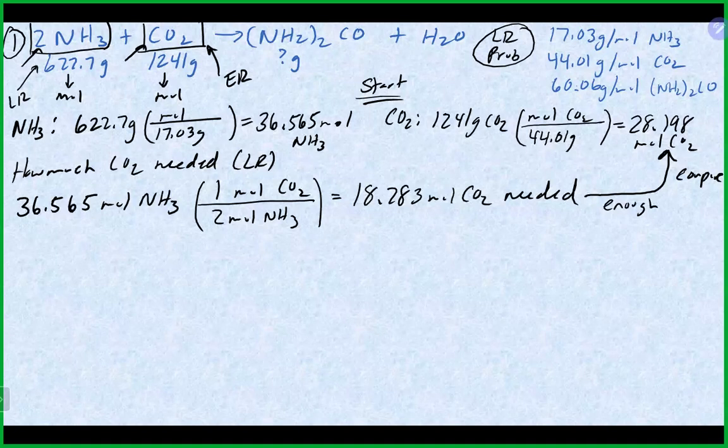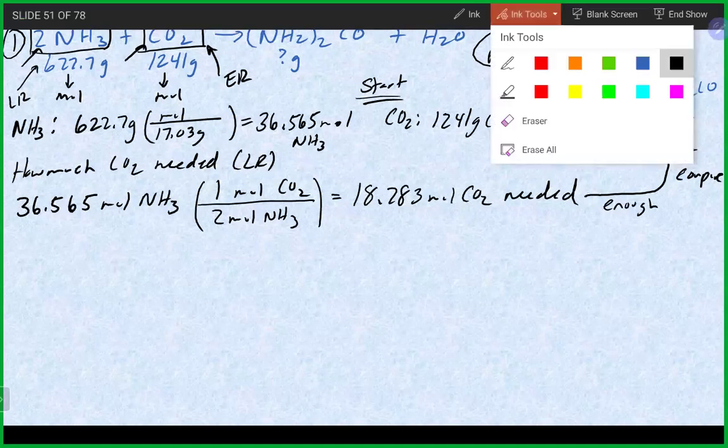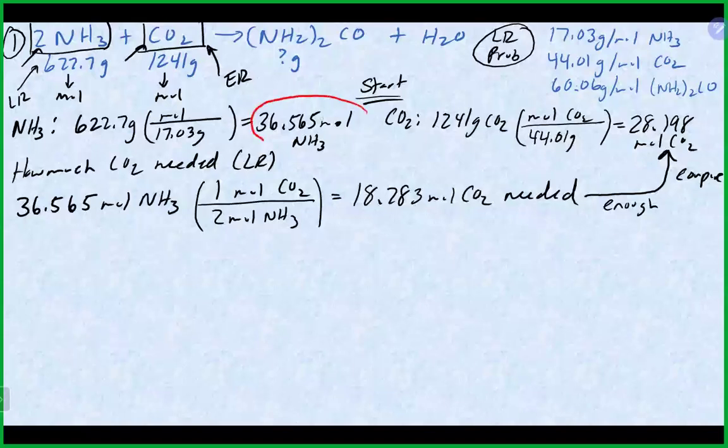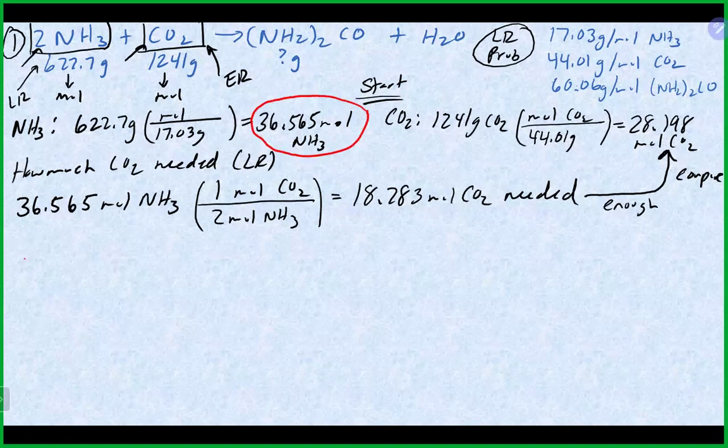Okay, so once we have determined our limiting reagent, we want to use it to figure out how much product we're going to produce. Again, we do want to roll back to the starting amount here of our limiting reagent. So we'll take our 36.565 moles of NH3.